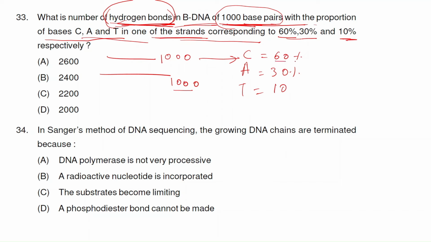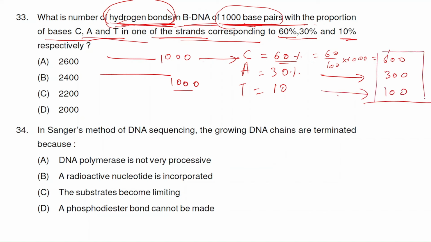If 60% of 1000, how much will it be? 60 by 100 into 1000, that is 600. Similarly, 30% will be 300 and 10% will be 100. So we need to find out the number of hydrogen bonds we are having.